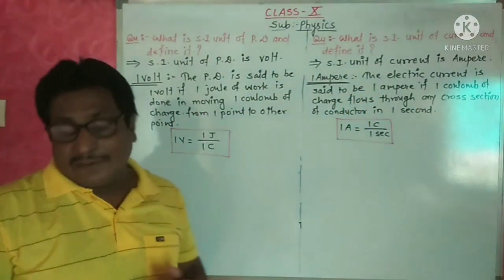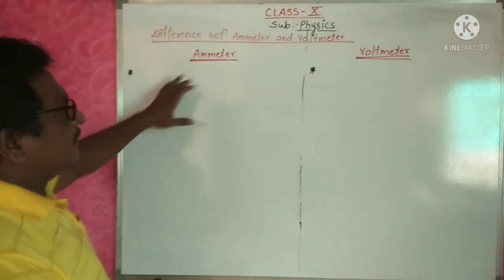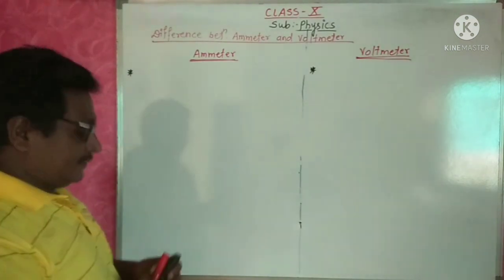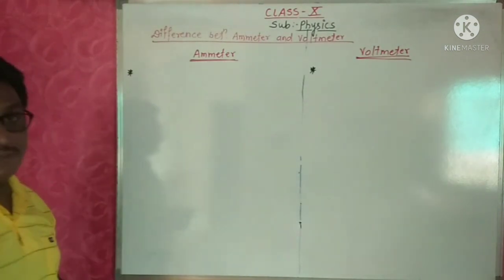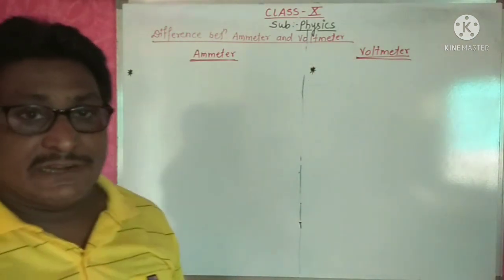So now we will write the difference between the ammeter and voltmeter. So how to write the difference? First point, it came in the difference between potential difference and current.